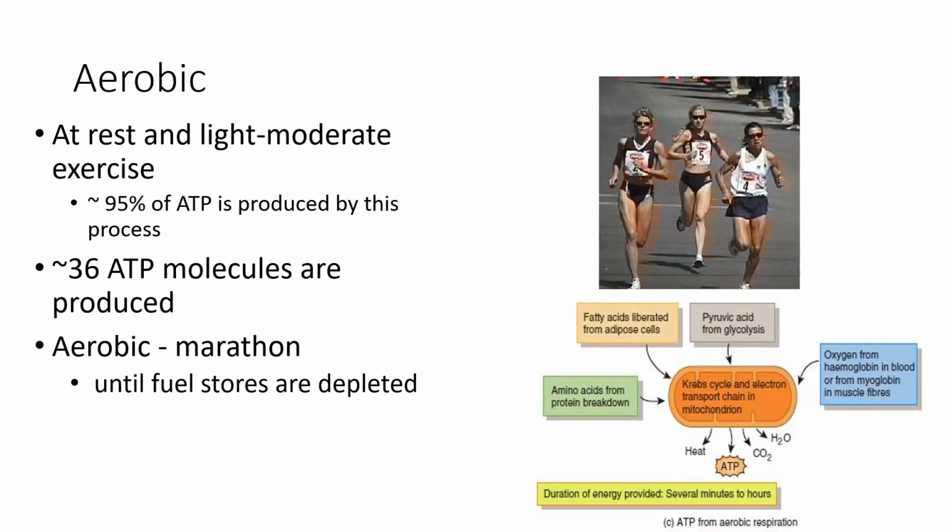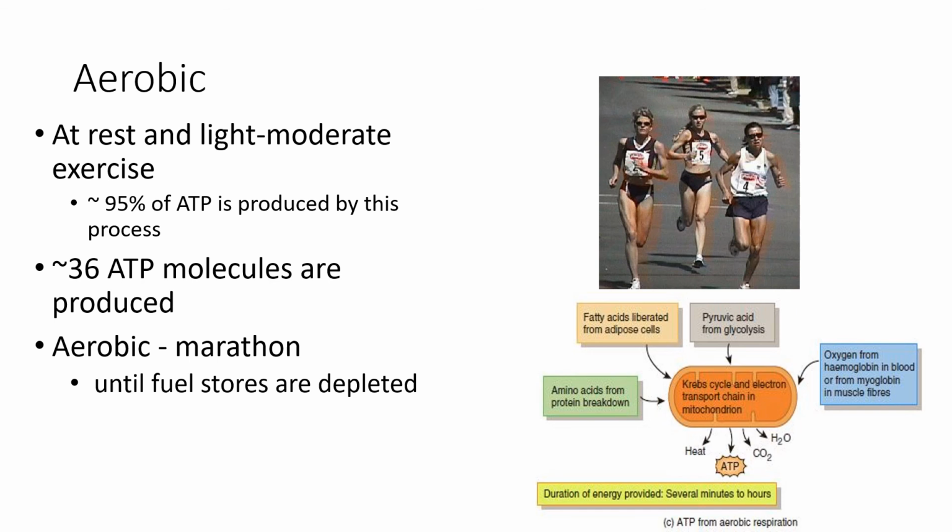The last way to make ATP is via an aerobic pathway. We utilize this process at rest and during light to moderate exercise. In fact, 95% of all ATP is produced by this process.